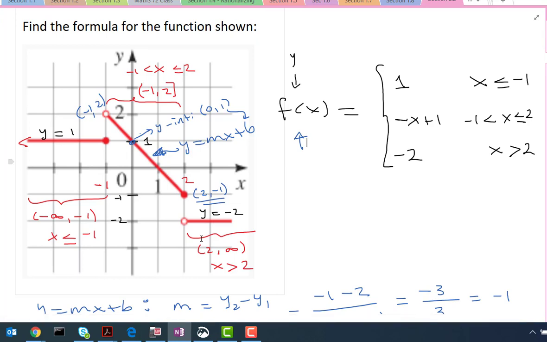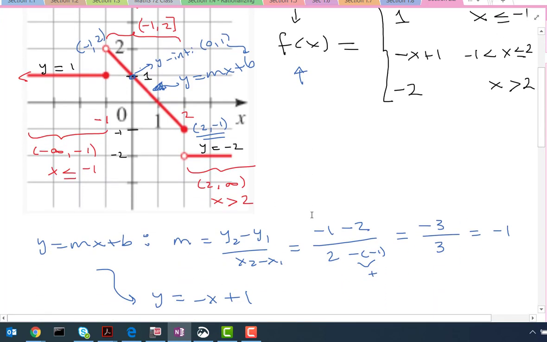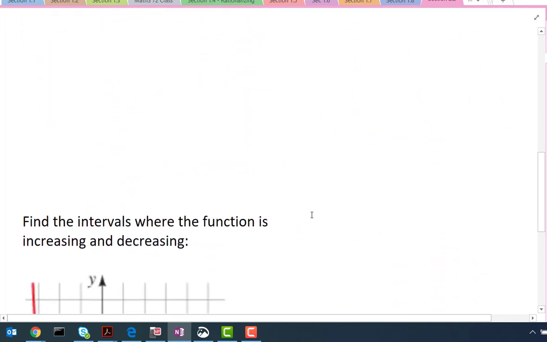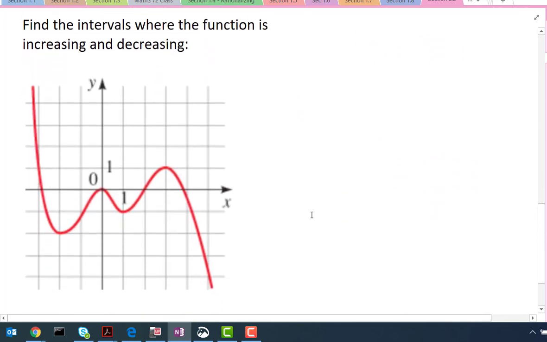To find information about a function, we may want to know when it is increasing or decreasing. So let's look at another example. So this one, find the intervals where the function is increasing and decreasing. Another way to interpret this is essentially saying find the x values for which the y values are getting larger or smaller.